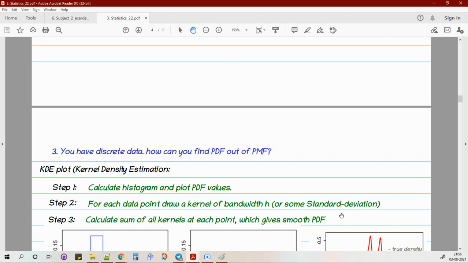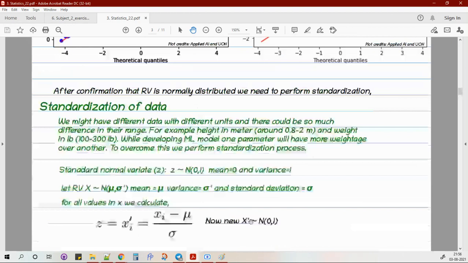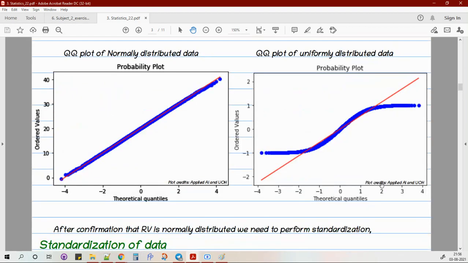But for a large value of lambda, or a very small value of lambda, this will fail. So you're saying that QQ plot will work only for normally distributed data? Good considerably very well for the normal distribution. But if you go with something crazy, exponential or Pareto like that, then it may fail.